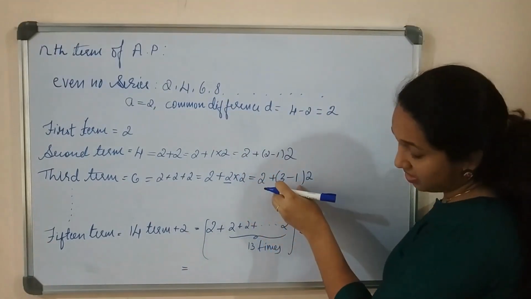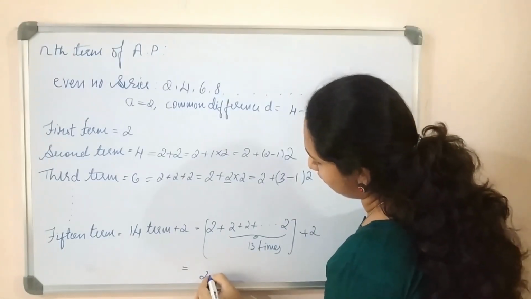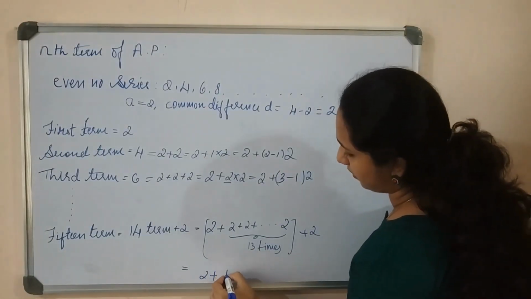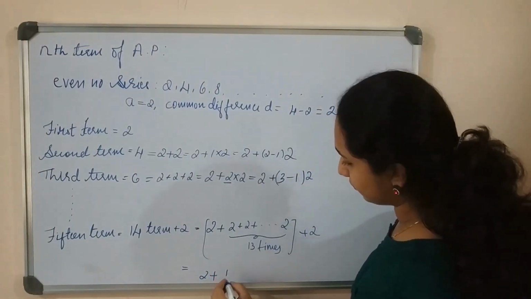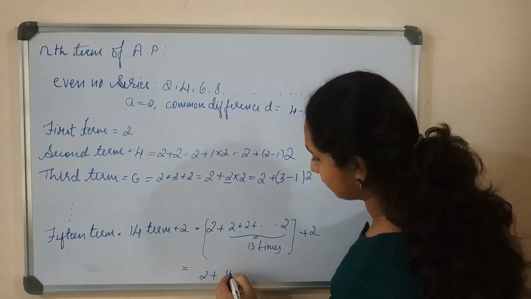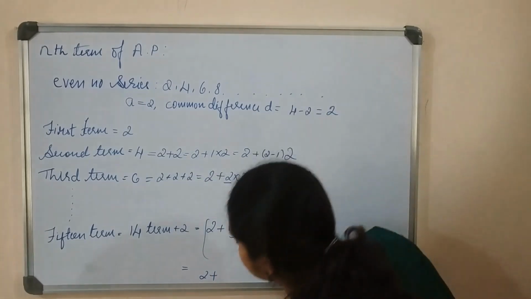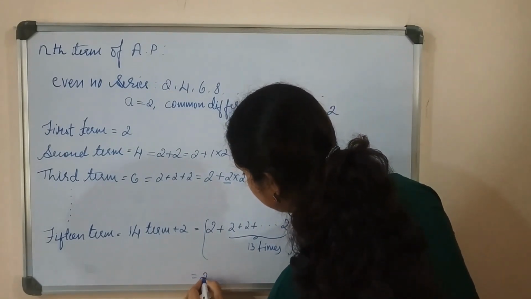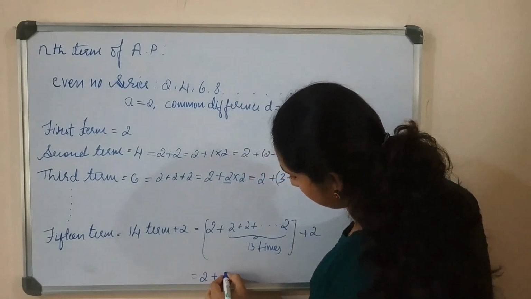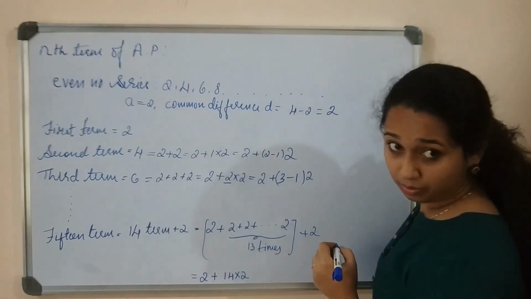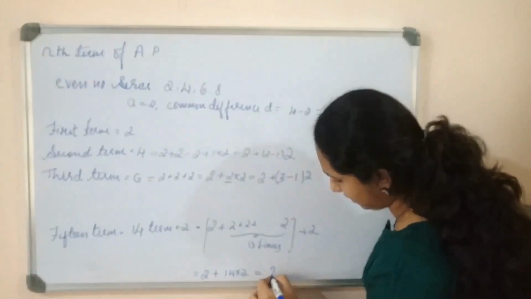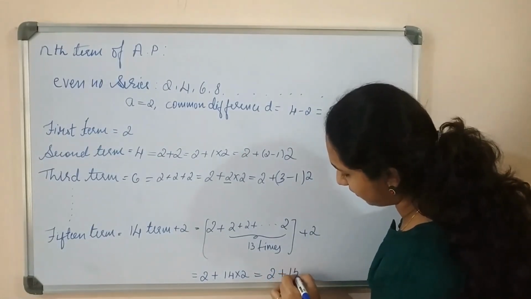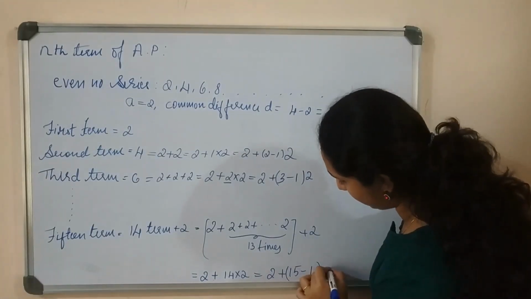Further, I have to write again in this form, right? It will be 2 plus 14 into 2, or I can write it as 2 plus 15 minus 1 into 2.